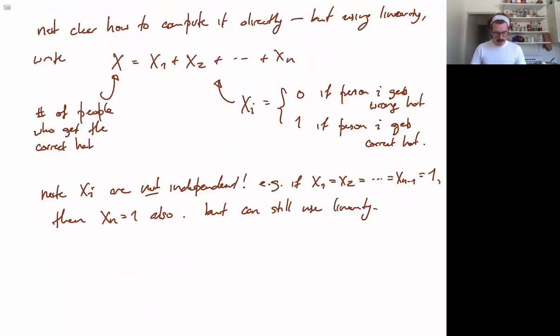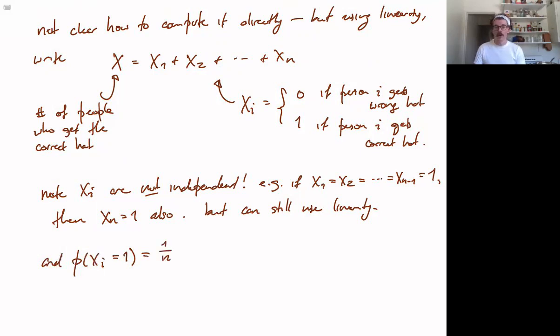So now let's just go ahead and compute it. What is the probability that the ith person gets their hat back? Which is to say the probability that xi equals 1. Well, this person is getting a random hat back out of n hats, and only one of them is the correct one.